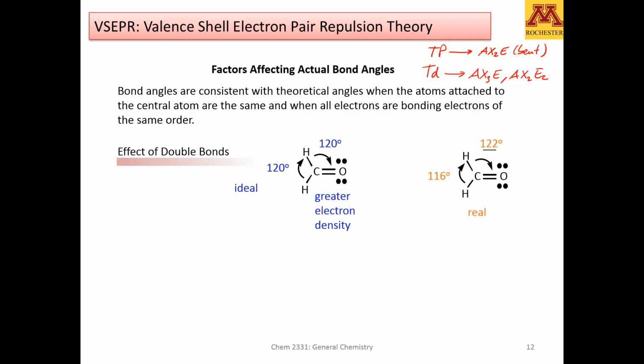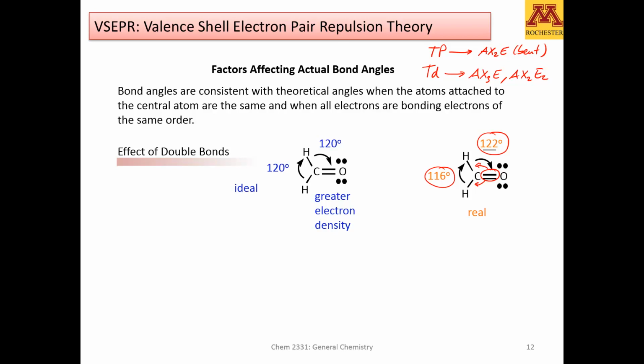This means that for the formaldehyde structure, ideally it would be 120 because it comes from the trigonal planar. However, because of the double bond in here, it pushes down, if you will, the other surrounding atoms. This is why the angle around the double bond will be larger than the ideal 120, and the angle among the surrounding atoms will be smaller than 120.